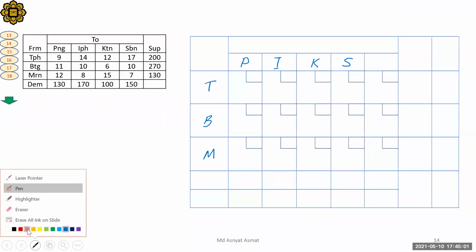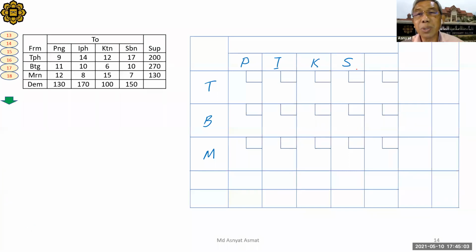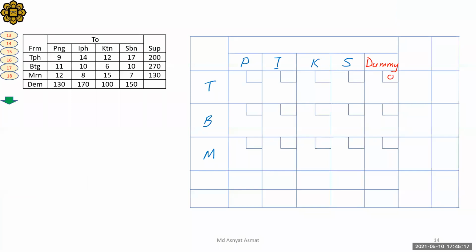Just now sister said put a dummy. What dummy? Dummy demand, right? So you put the dummy here, and the dummy cost will be 0.